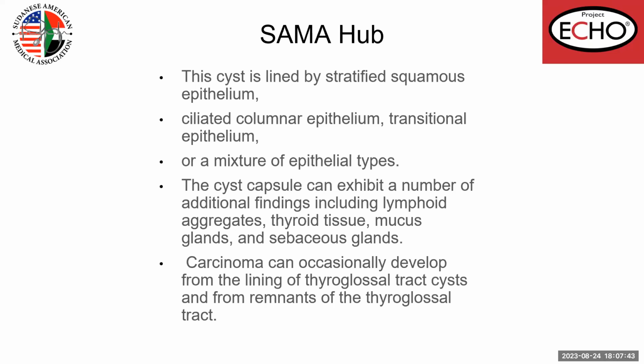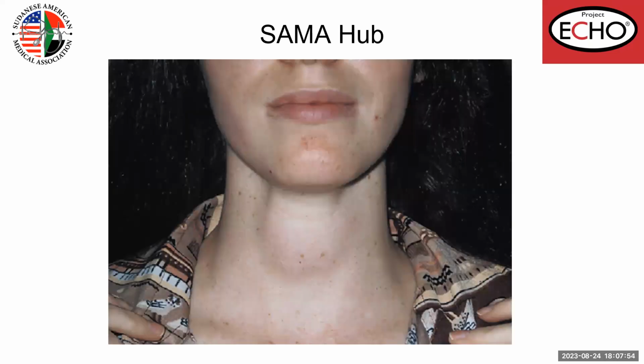Carcinoma can occasionally develop from the lining of thyroglossal tract cyst and from remnants of the thyroglossal tract. It takes place in the midline, as we mentioned, and the diagnostic clinical feature is that it is mobile with swallowing.